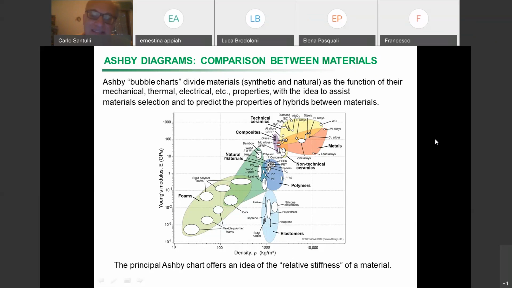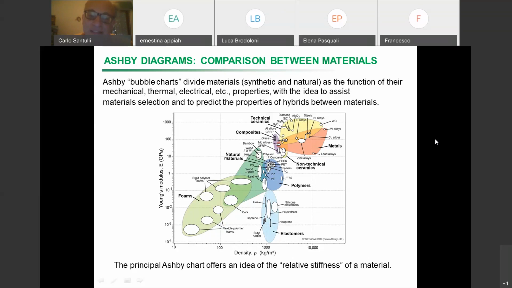That chart shows you a sort of direct proportionality. So in very general terms, a material which is heavier is also stiffer.